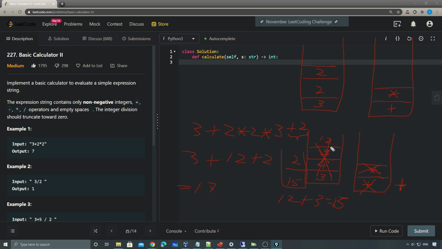Then we keep popping number one and number two out and doing the calculation until we reach the point where the current one is greater than the top one. Then we know we cannot continue, and we have to look for the next one.